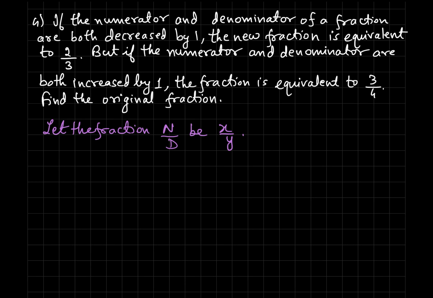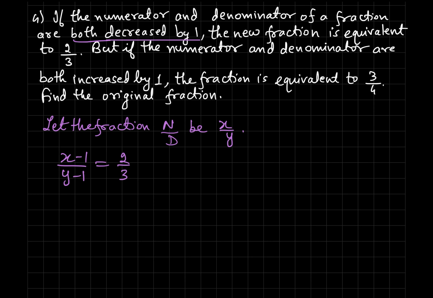Now according to the first statement, both are decreased by 1, numerator also and denominator also. So x minus 1 over y minus 1. The new fraction is equivalent to 2 by 3. So this is our first condition.